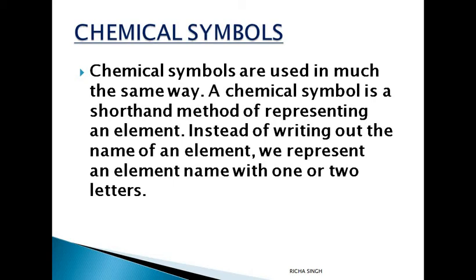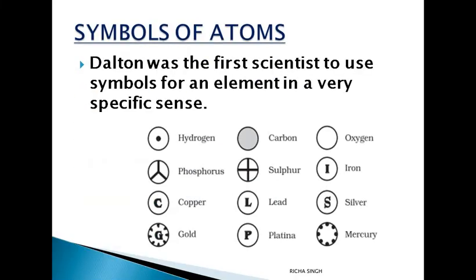The use of symbols was started by Sir John Dalton in 1807, where he suggested figurative symbols for atoms of elements, like a dot in a circle for hydrogen, just a circle for oxygen, I in a circle representing iron, and so on. But later it was observed that this is not a very good method.